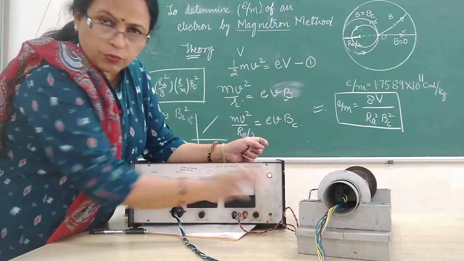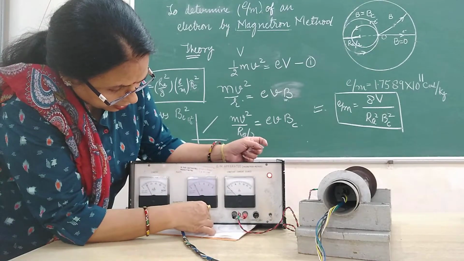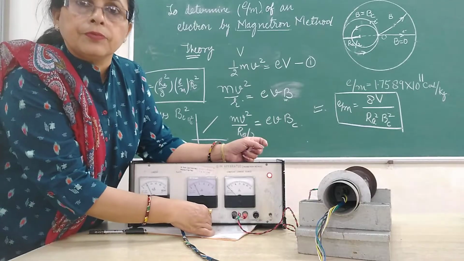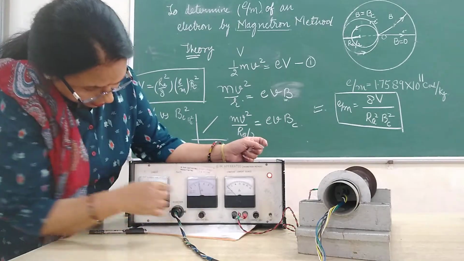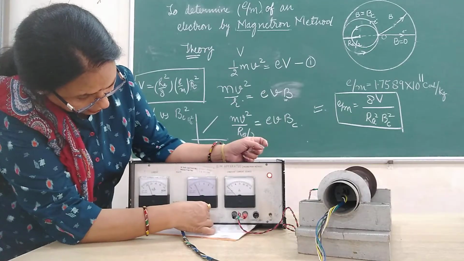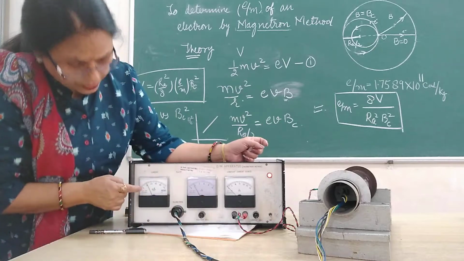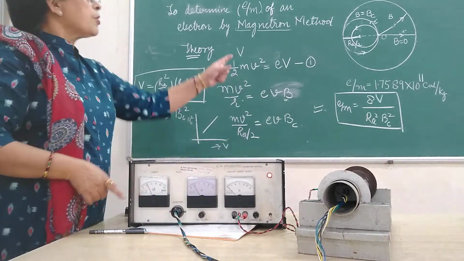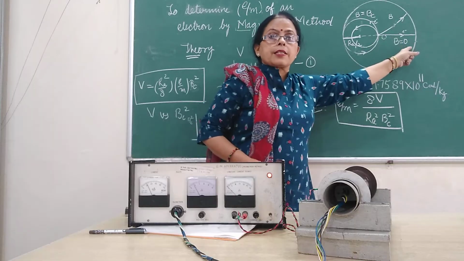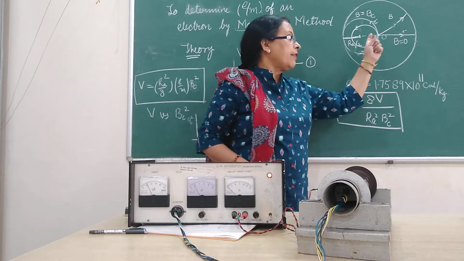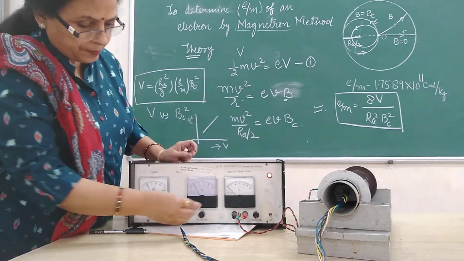We are keeping it at 0, and then we are applying some voltage, say 2 volts. You can see that when I increase this voltage, the anode current is increasing, because more and more electrons are emitted and are able to reach the anode. So the anode current is increasing.